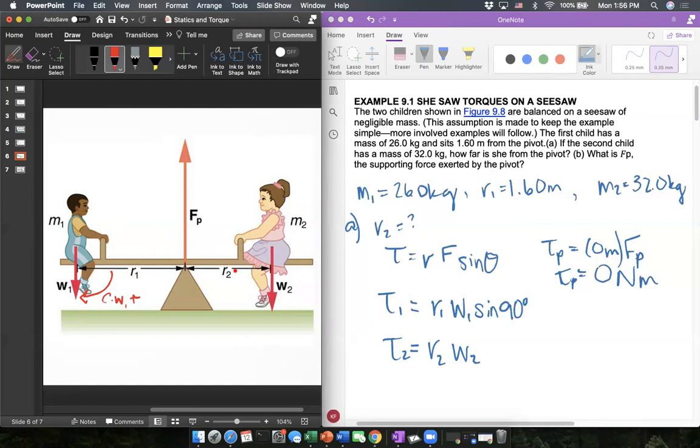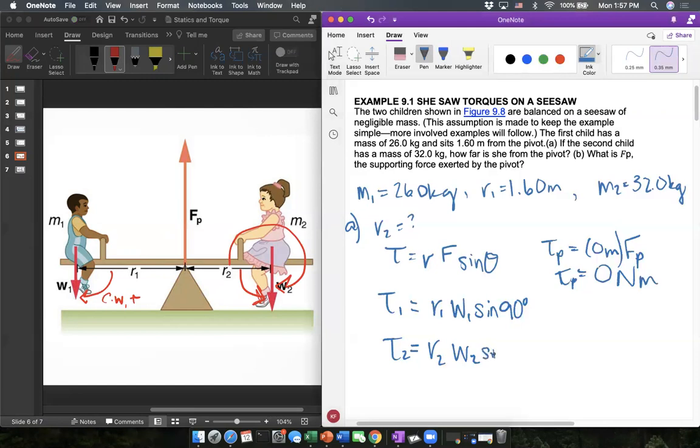That means the angle between R2 and W2 is actually negative. We can go all the way around, so that would be either 270, or you could just say negative 90 degrees, whichever one works for you.